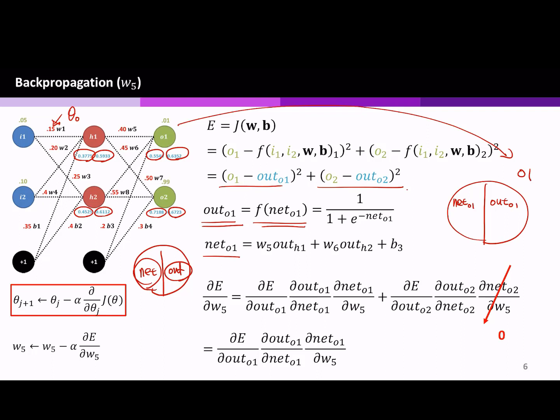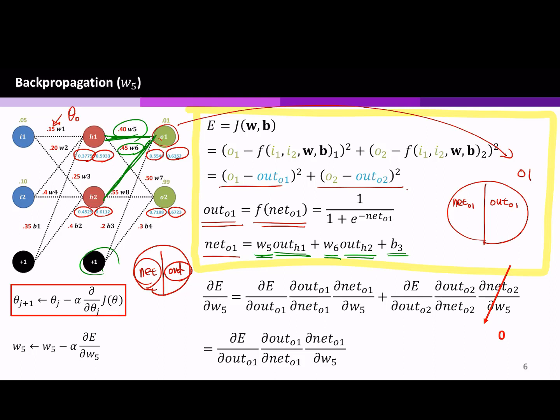That is the weighted summation of the connected neurons. This one is connected to here and this one, right? Output H1 multiplied by the weight on this arrow, W5, plus W6, the weight here, times output H2, plus a bias. These are the equations that we used in the previous feed-forward process, right?